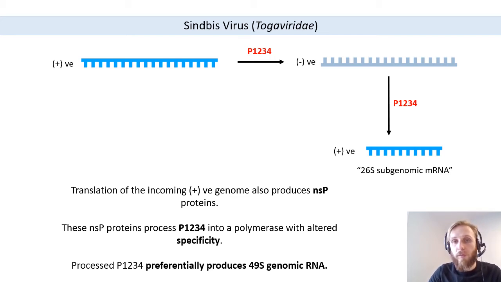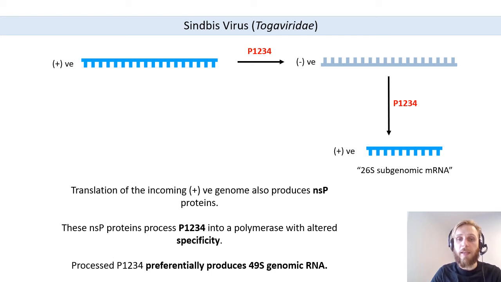Another protein is also made by translation of the viral genome, and this protein is called NSP. NSP, as this process is going on and on, will accumulate in the cell. So as you get more and more expression of the viral genome, so more and more translation, there'll be higher levels of NSP accumulating in the cell.